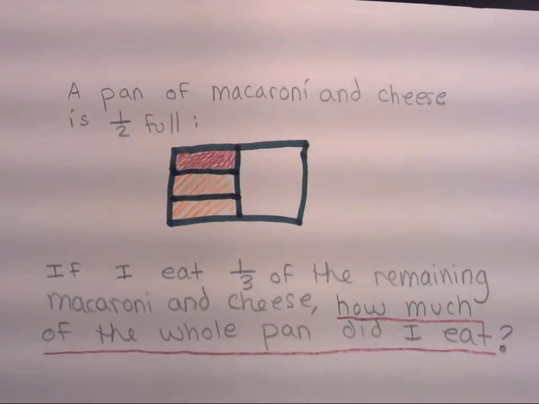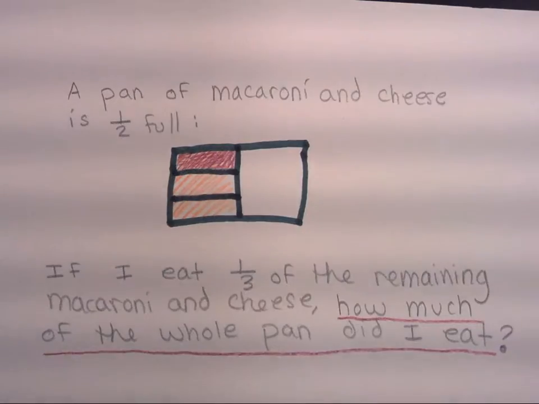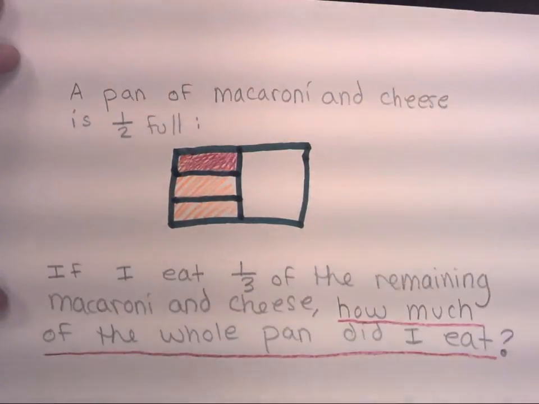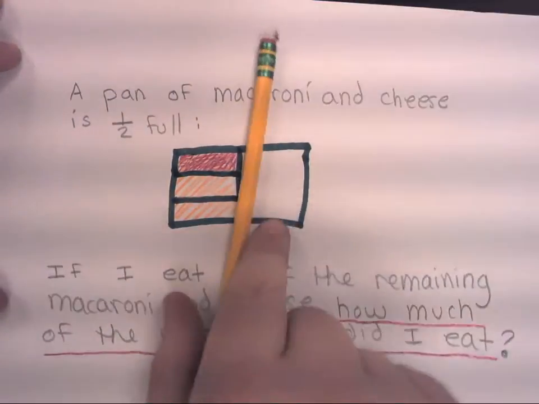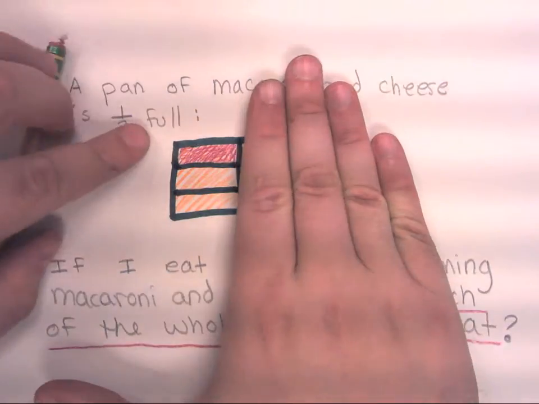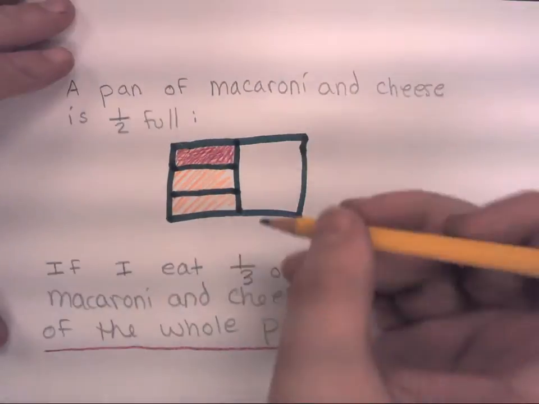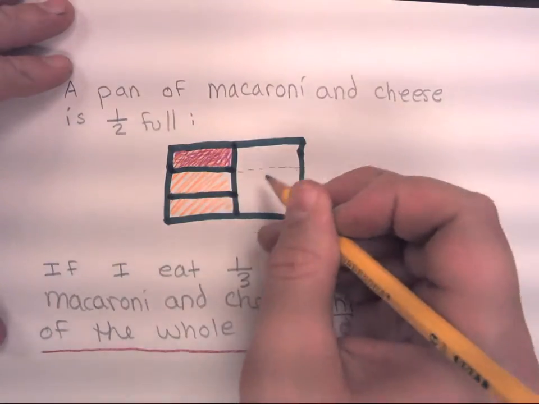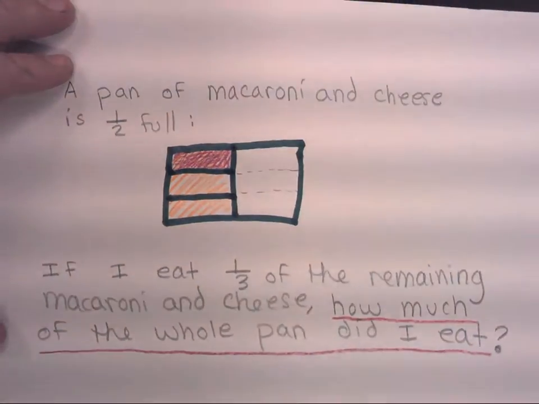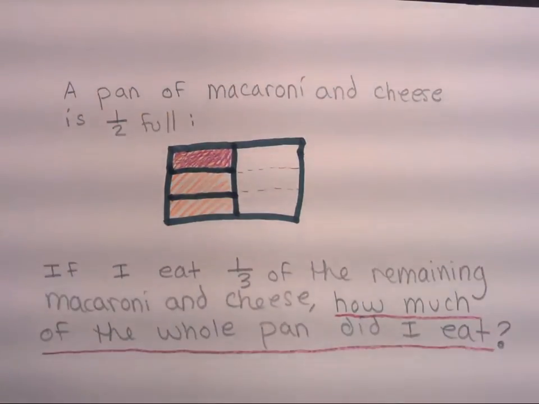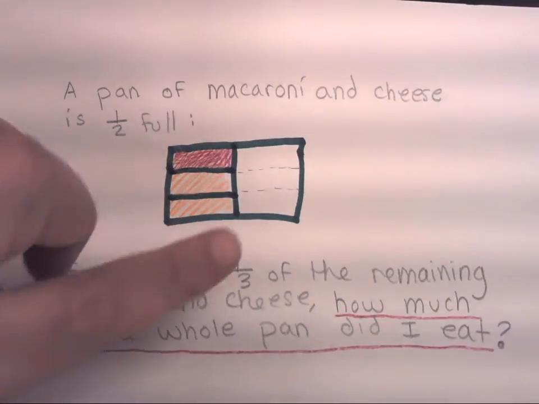Well, students kind of wrestled with this idea for a while, but what many students realized was, if we look at this half here of the pan, we can assume that the empty part, or the other half of the pan, could also be divided into thirds.